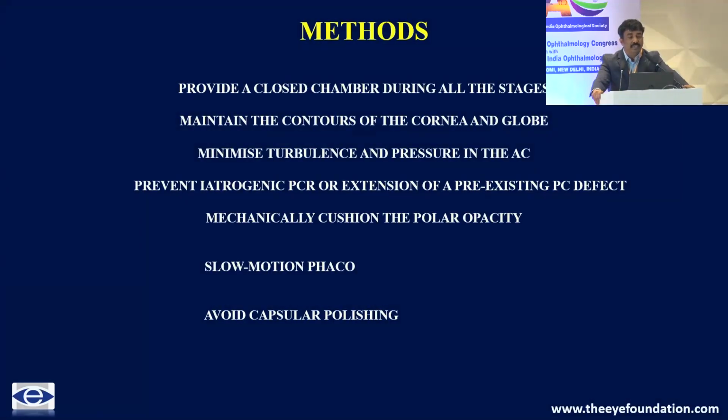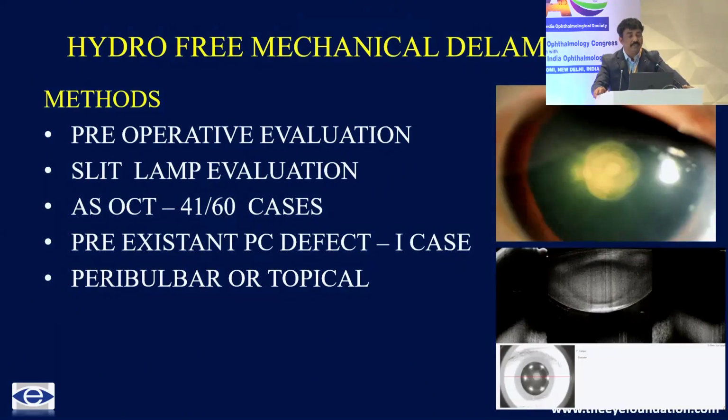Throughout, the anterior chamber is maintained, and the contour of the cornea and the globe was maintained. Phaco was done using the slow motion technique and with reduced parameters. All the patients underwent thorough preoperative evaluation.